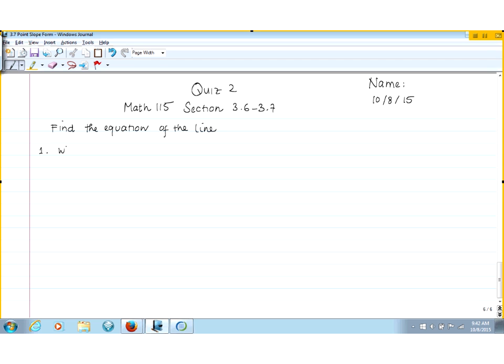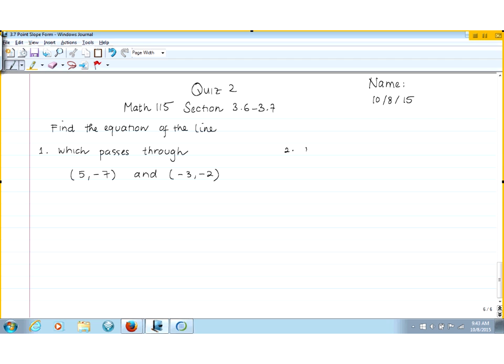Number 1: find the equation of the line which passes through 2 points: (5, -7) and (-3, -6). This is only one line, right? We're not talking about parallel and perpendicular for number 1.